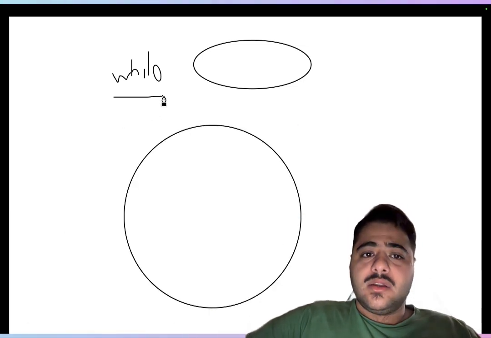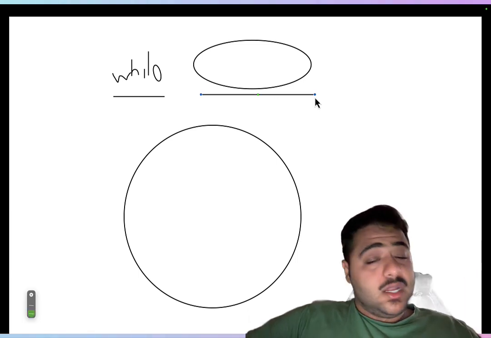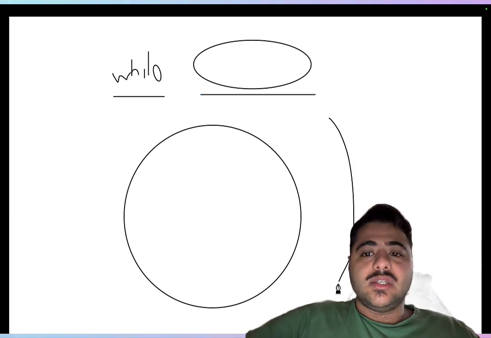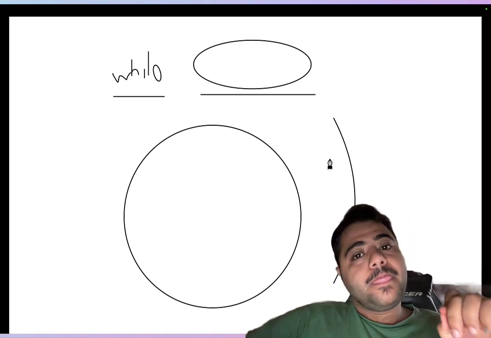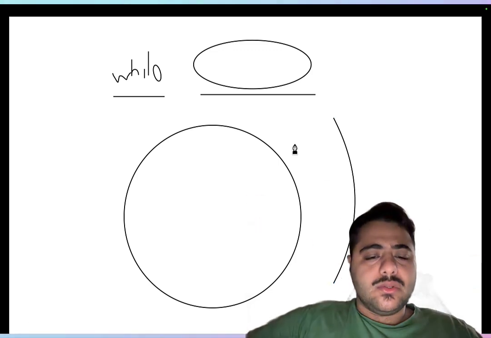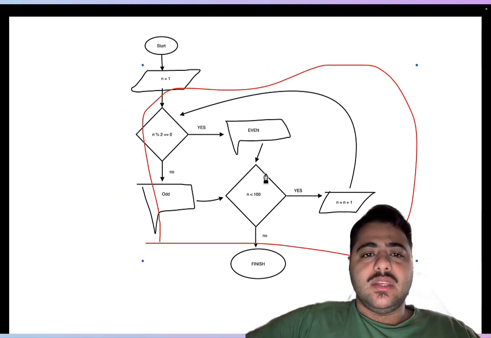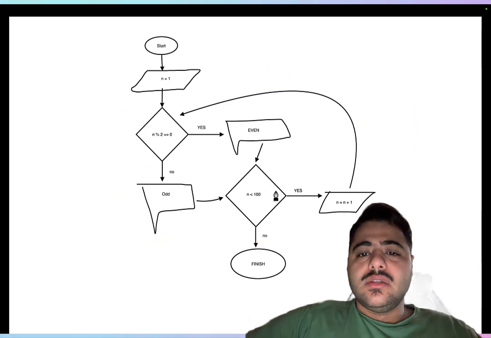So while is our keyword, this part is our condition, and the rest is our instruction set. Let's write a bit of code about this algorithm at least. Let's delete these chunks.